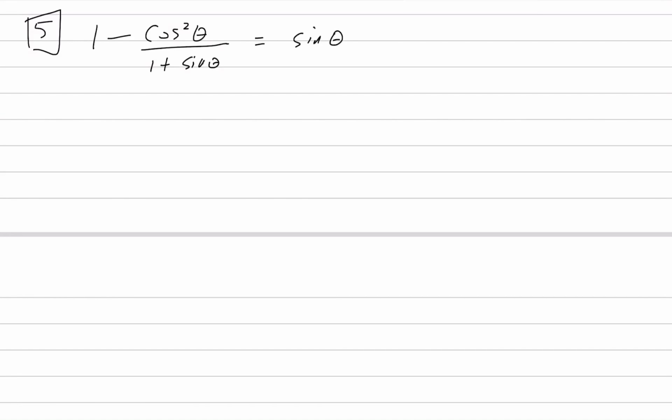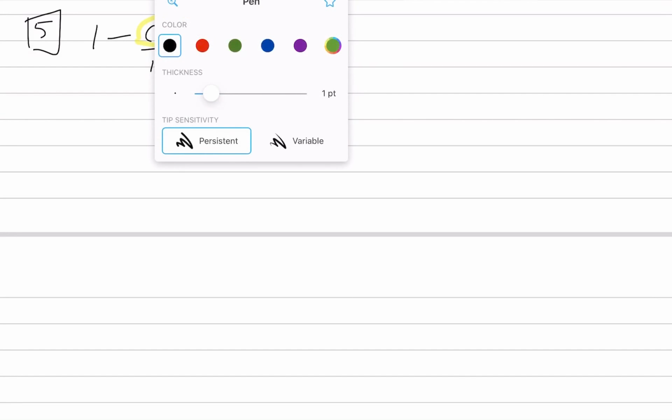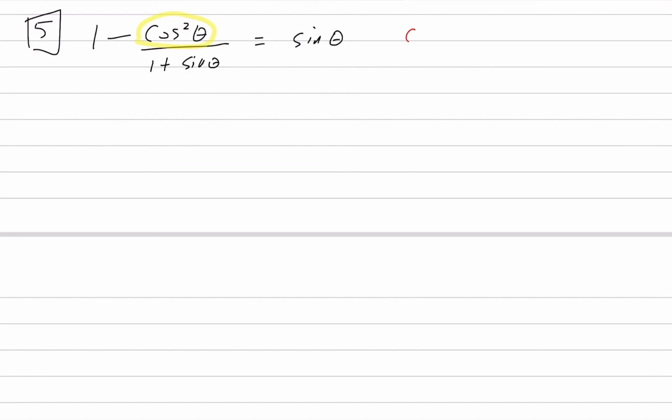So the problem says simplify the numerator. That means we have to remember this identity where cosine squared theta plus sine squared theta equals 1. Then we know that cosine squared equals 1 minus sine squared theta.